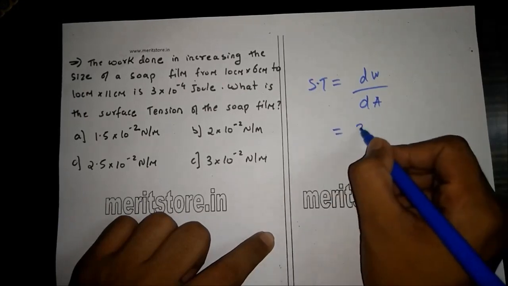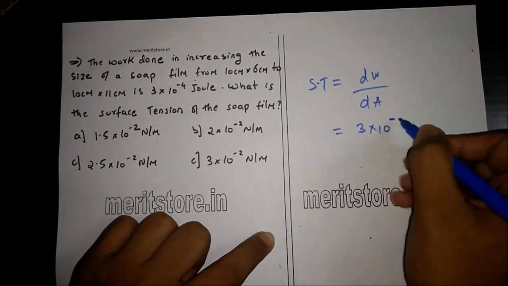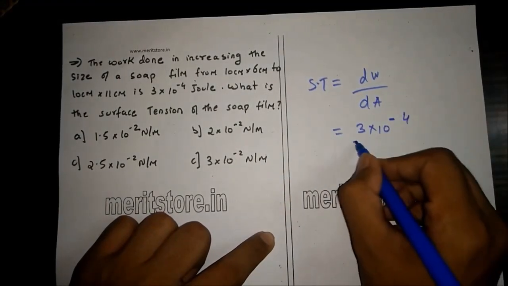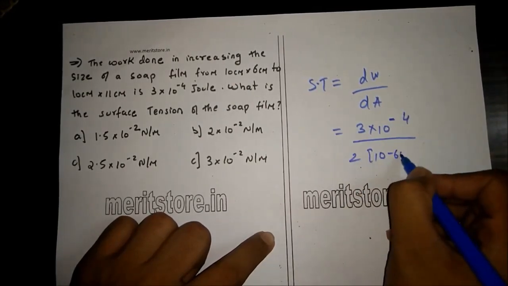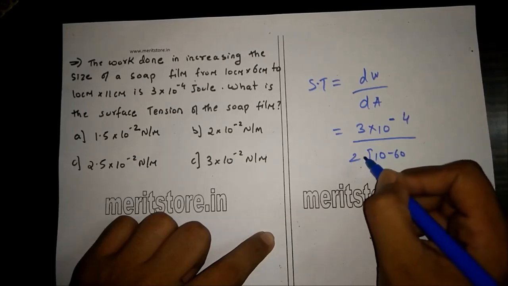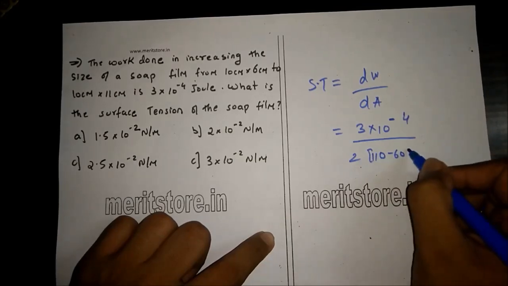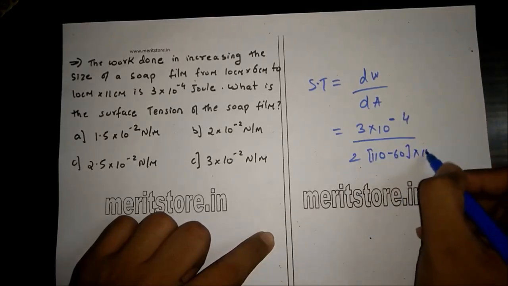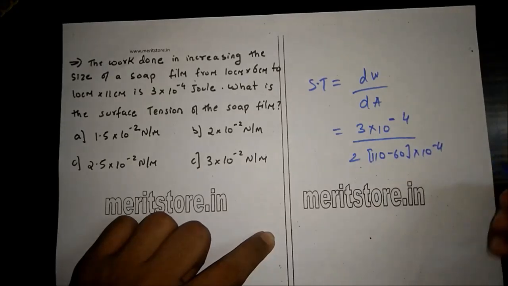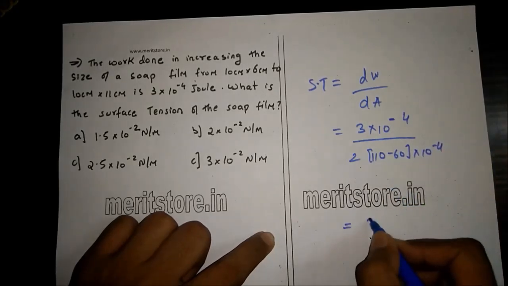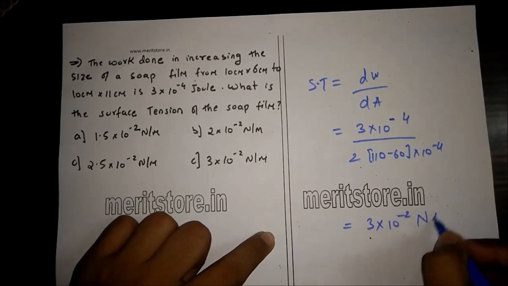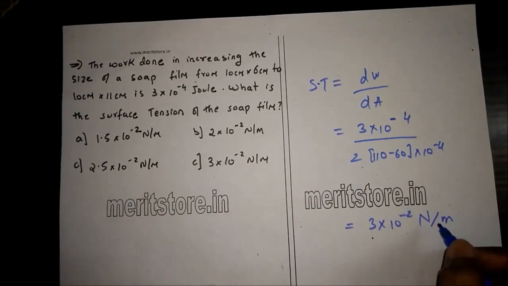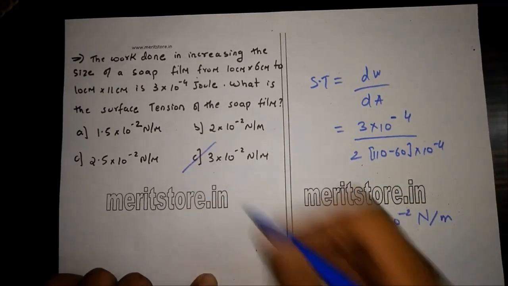Therefore the work done will be 3 into 10 raised to minus 4, and the change in the area is 2 into (110 minus 60) into 10 raised to minus 4. Therefore, on calculating, we'll get the answer as 3 into 10 raised to minus 2 Newton per meter. Therefore, the correct answer here is option C.